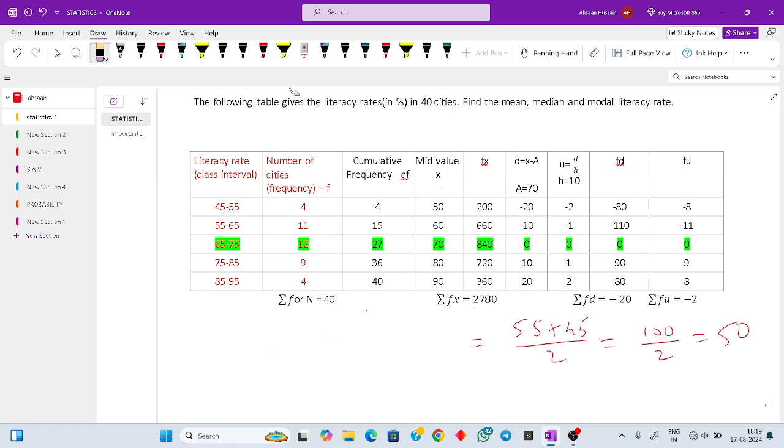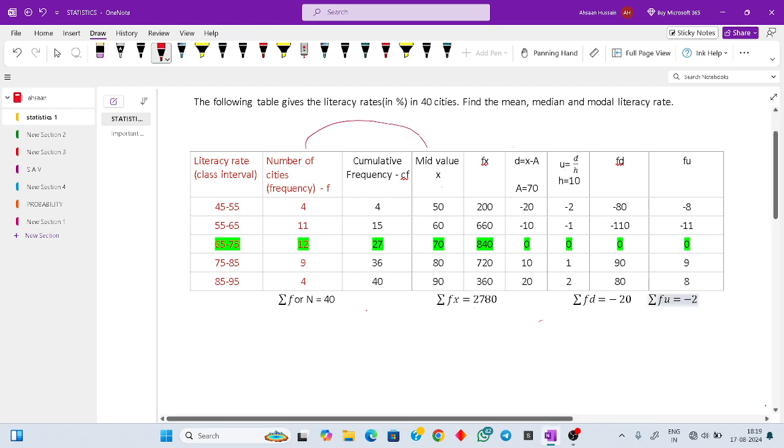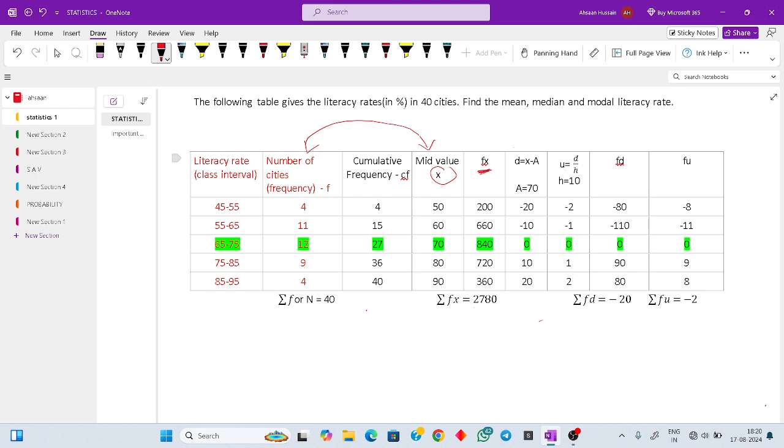Now, after finding the mid value, you have to multiply the mid value with frequency. We'll represent the mid value as small letter x. So this column fx means f multiplied by x. Okay.